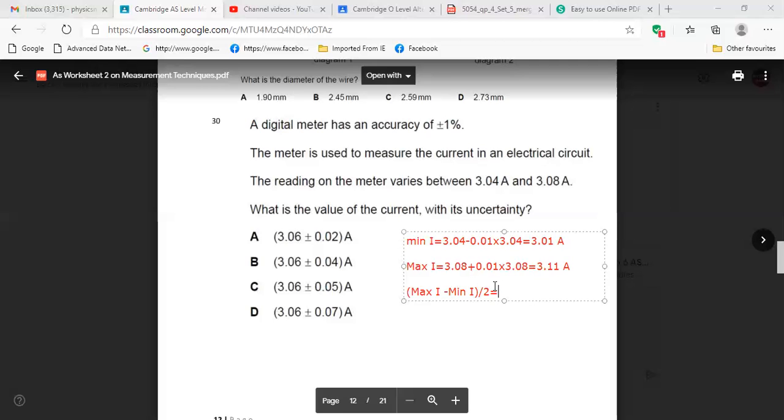So the difference is 0.10, and divided by 2, it comes 0.05. Is it clear? Yes, sir. So what should be our answer? C. C, right? Yes, sir. This one is clear.